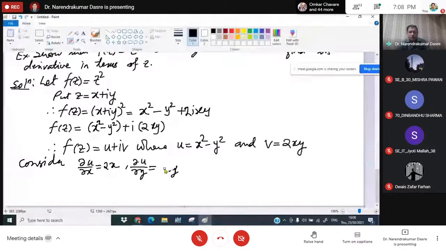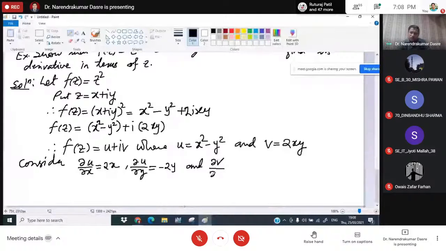Now we consider v. We want the derivative of v with respect to x and the derivative of v with respect to y. When we consider the derivative of v with respect to x, we consider the remaining terms to be constant.